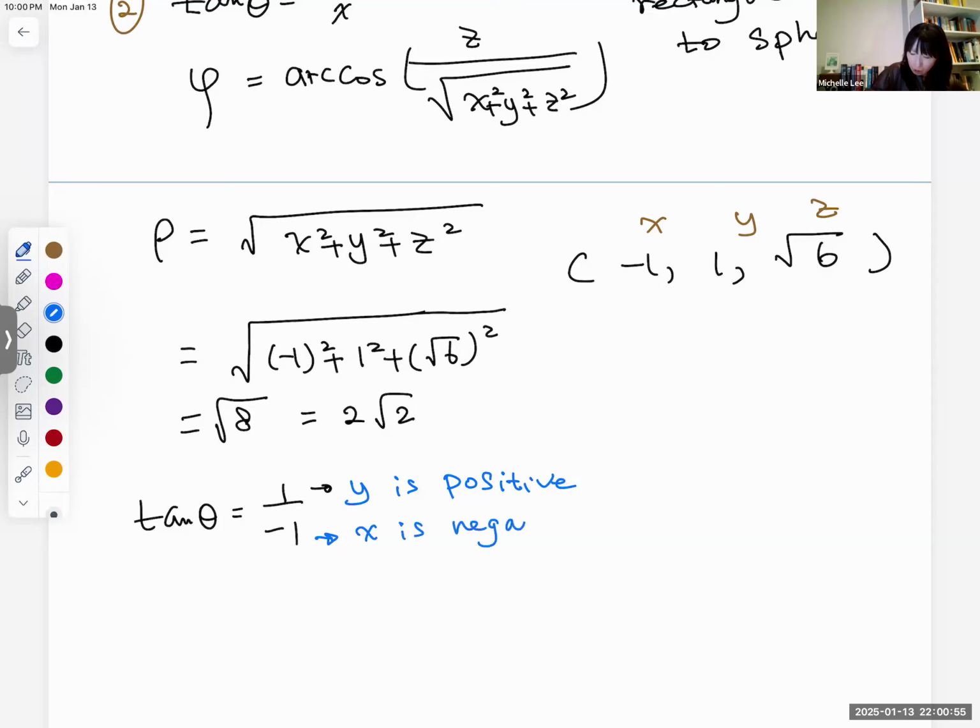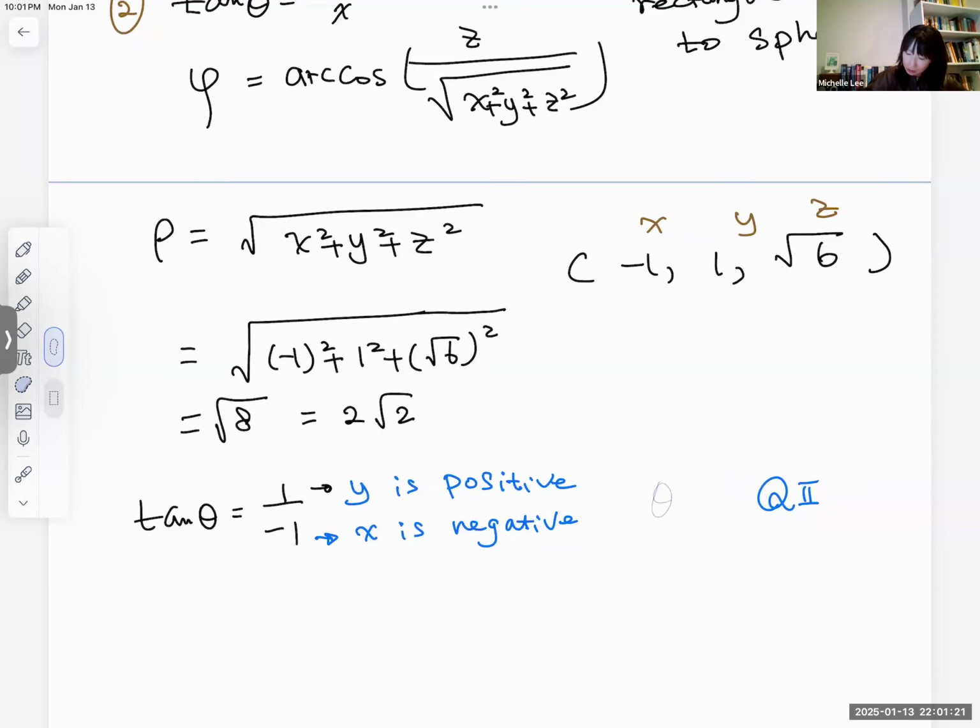Then what quadrant? X negative, y positive, quadrant 3, right? Hold on one second. Quadrant 2. So theta will be in quadrant 2.